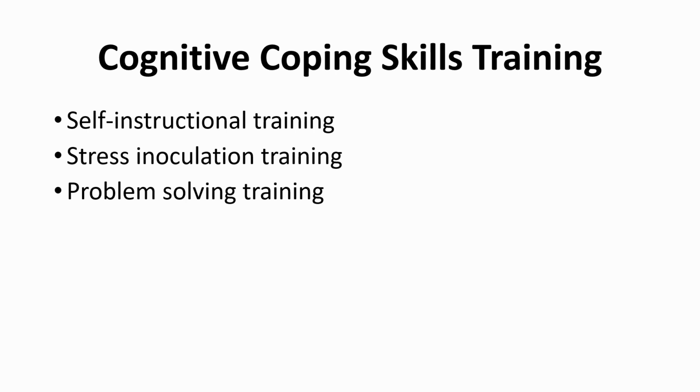These are usually intended to help increase things that are in deficit. So if we don't have enough thinking, if we don't have enough critical evaluation, we can use cognitive coping skills training.